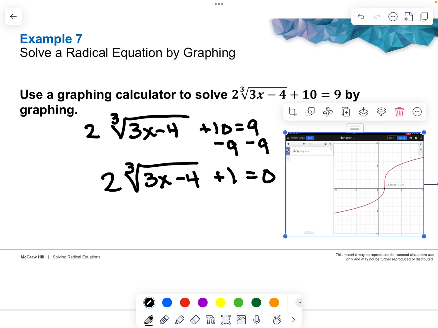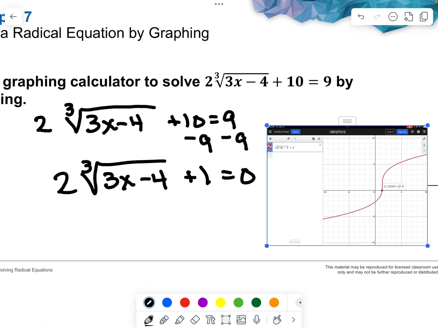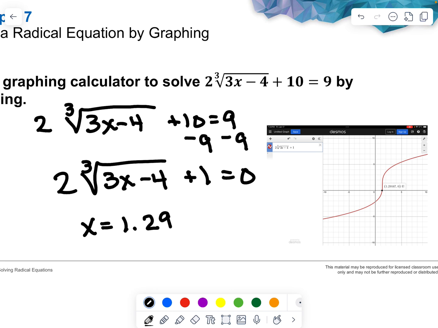There's the graph. If I can remember to do that, I'll do that each time. So x equals, we're going to round to the hundredths place, 1.29.